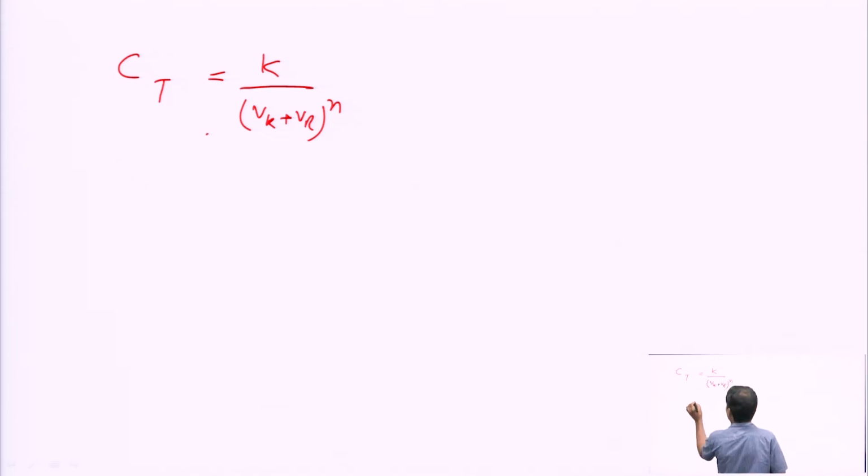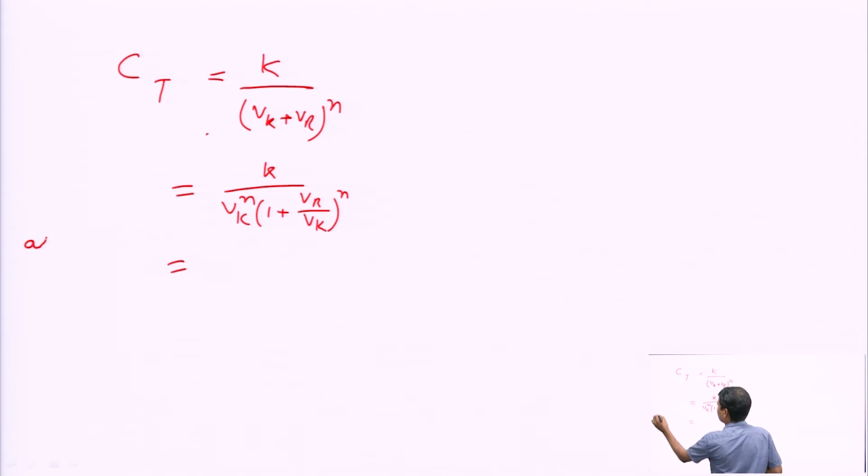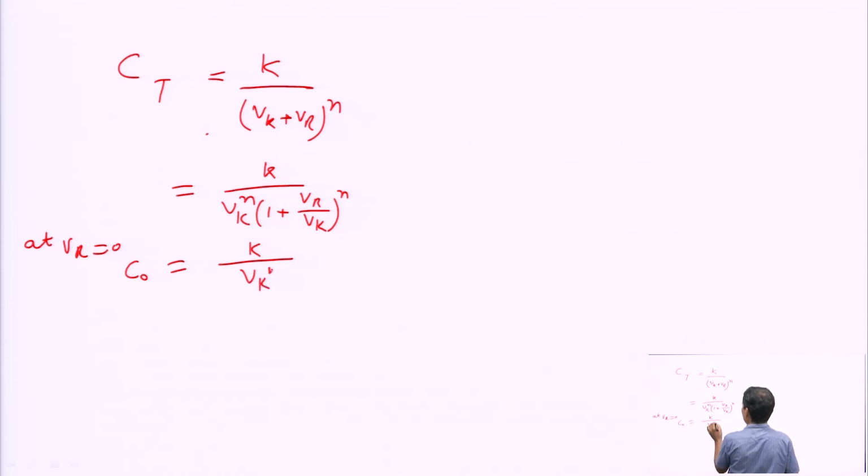We can simplify it. Suppose this is K and Vk is taken as common. Here it is 1 plus Vr upon Vk, whole raised to the power n, and Vk raised to the power n. Now, at reverse voltage Vr equal to 0, suppose this is C naught, and what will C naught be? C naught is K upon Vk whole raised to the power n, when we take Vr equal to 0.